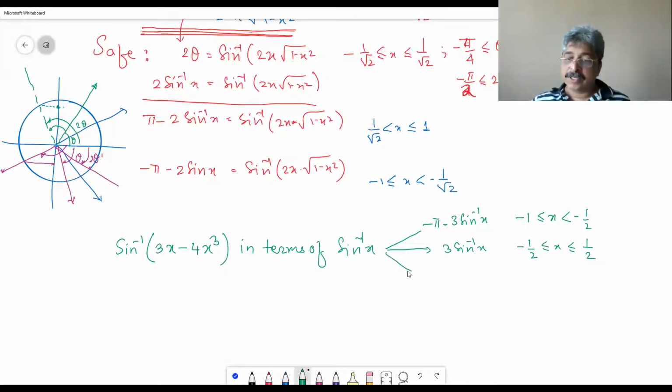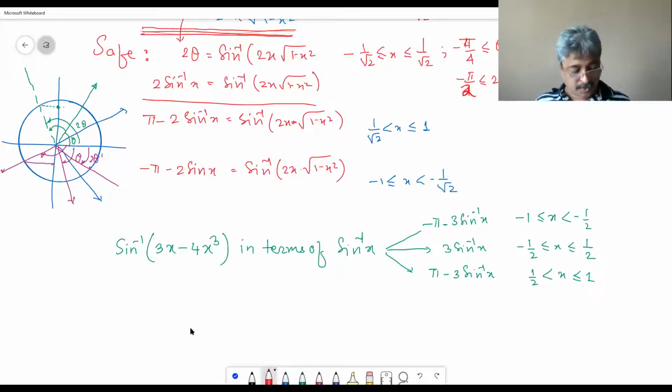And the third case is pi minus 3 times sine inverse x, and here half is less than x, less than or equal to 1. Okay, we are almost done. Couple of more and we are through.